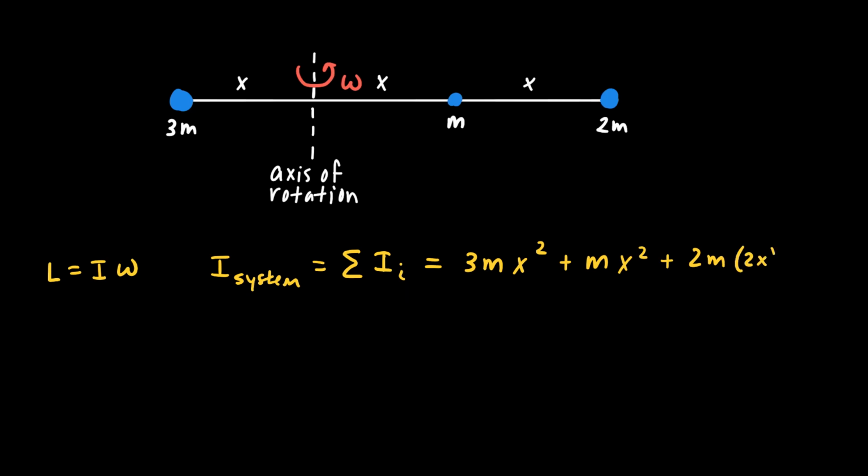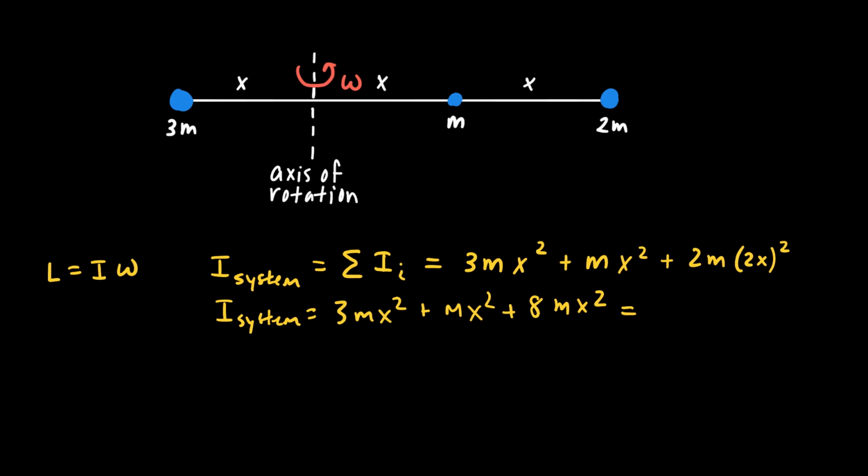So 2x squared. The moment of inertia of the whole system would be 3mx squared plus mx squared plus, in the last term, 2x squared is equal to 4x squared, and 4x squared times 2m gives me 8mx squared. Since all of those terms are in terms of mx squared, I can just add them together.